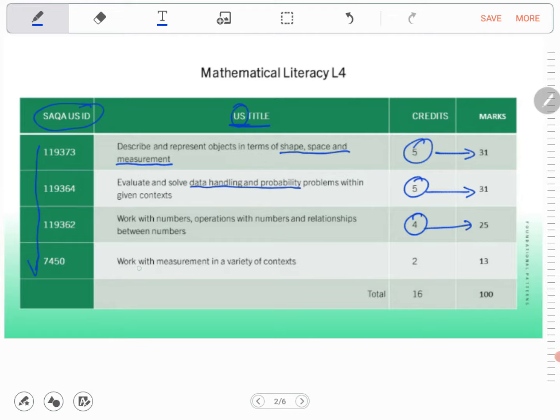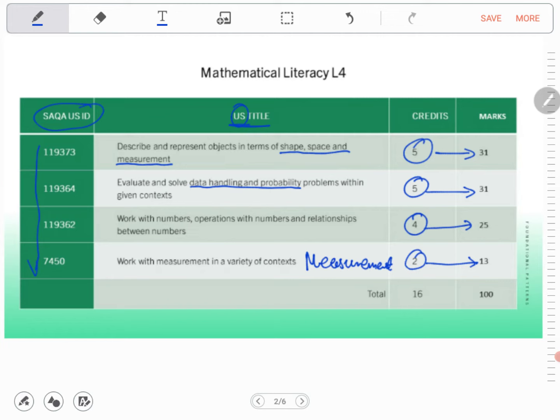And finally, we have work with measurement in a variety of contexts. So we normally call this just measurement, and it carries 2 credits, which translates to a total of 13 marks.